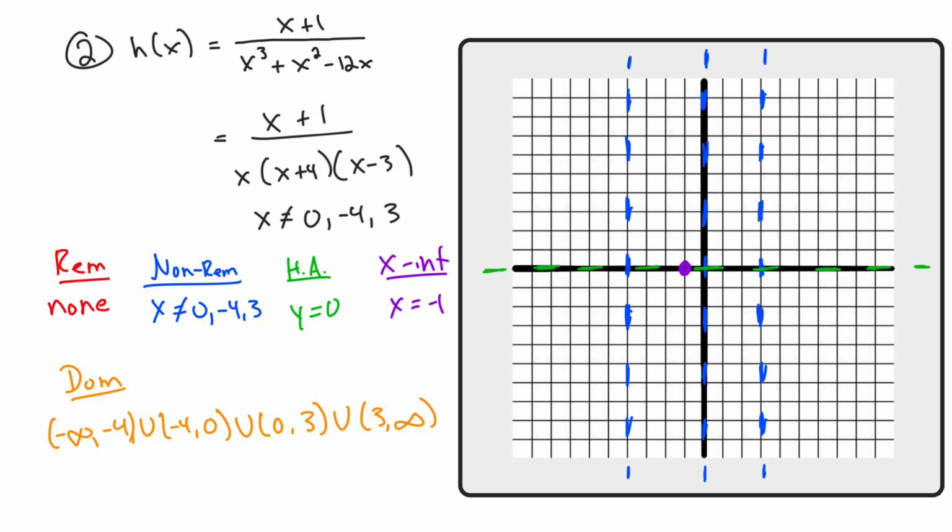The top would remain negative, and the bottom would be a negative times a negative times a negative, which is also negative. So I would get a negative divided by a negative, which is positive. Therefore, really, really far to the left, it's going to be above the x-axis. Therefore, I have to graph above the x-axis.